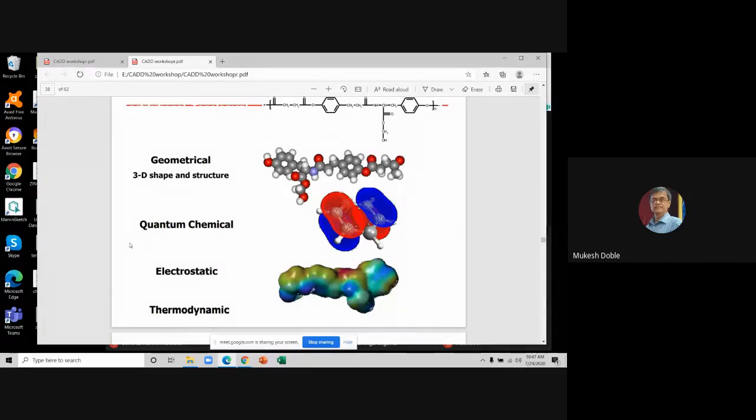Then comes electrostatic: charge distribution, maximum charge, minimum charge, electrostatic charge, all those. Then comes thermodynamics: the delta G values, delta S values, delta H values. Then we have log P, log S, so many descriptors we can have. That's how you calculate descriptors for a given molecule, and these softwares can do lots of these descriptor calculations.